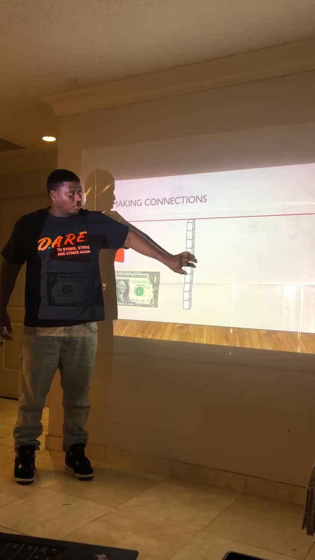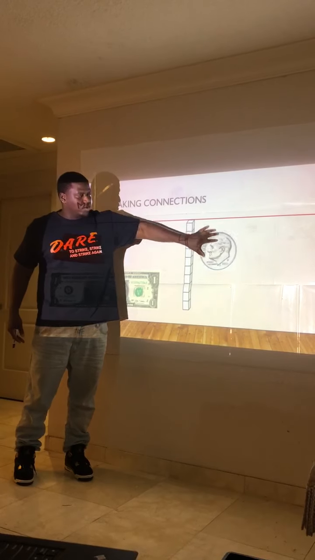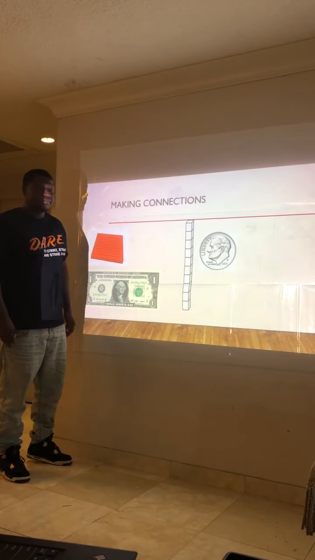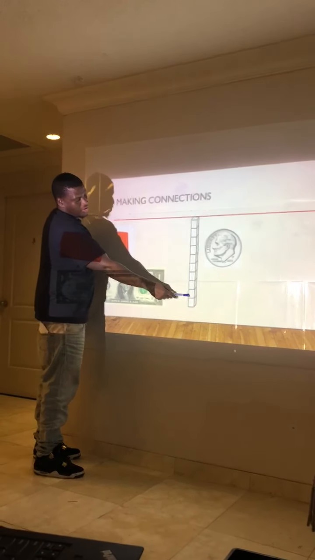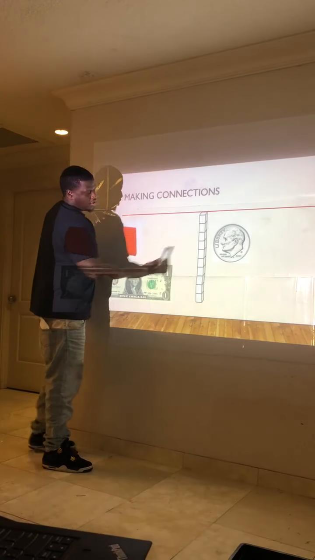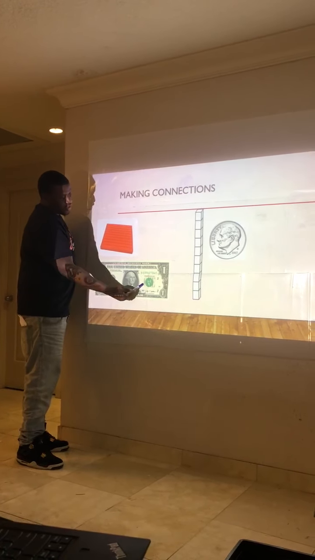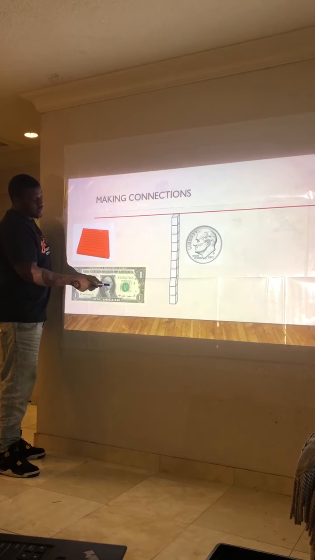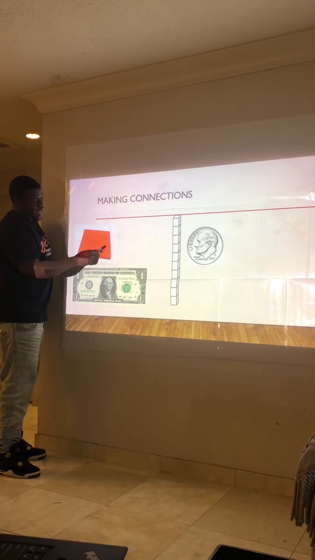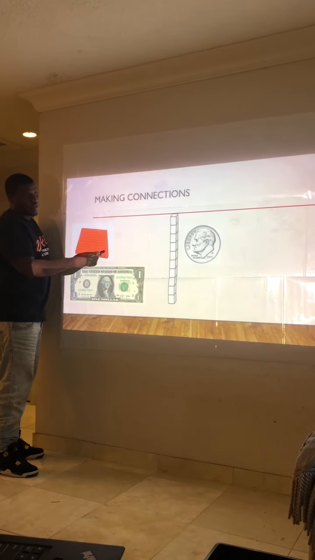And when we go with money, this is going to be equivalent to a dime. Here is the 10, here is the 10, so this is why these are equivalent. In $1, which is a whole, there are 100 pennies. In my flat, there are 100 units or 100 parts.